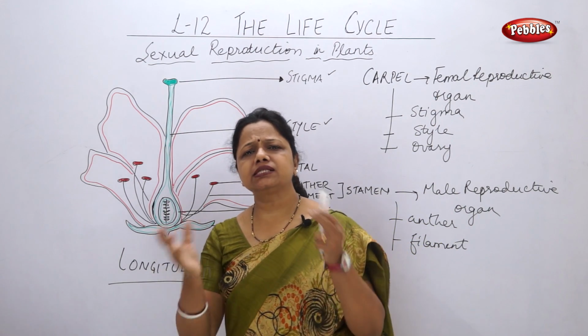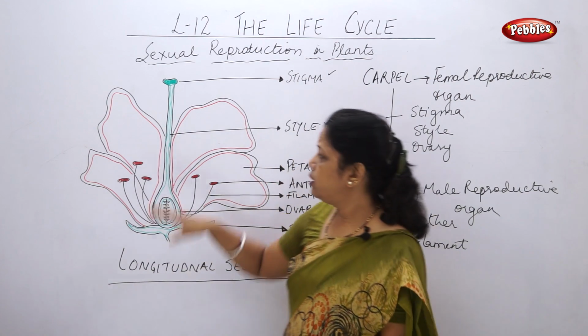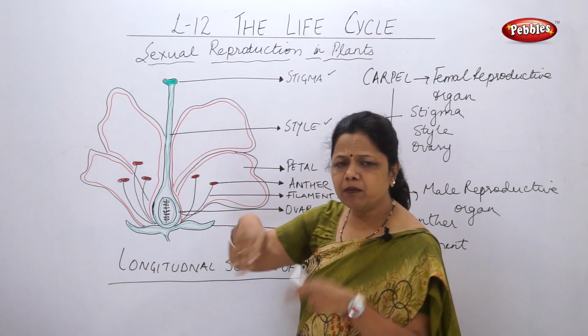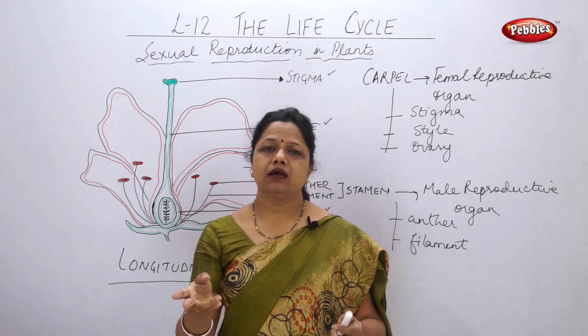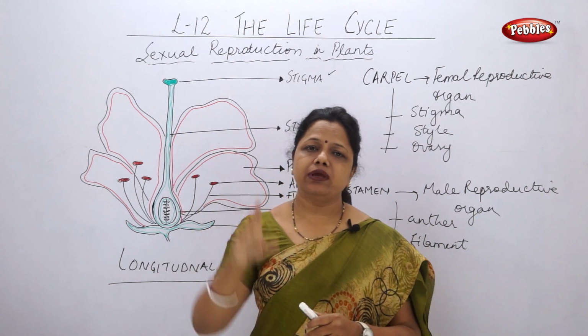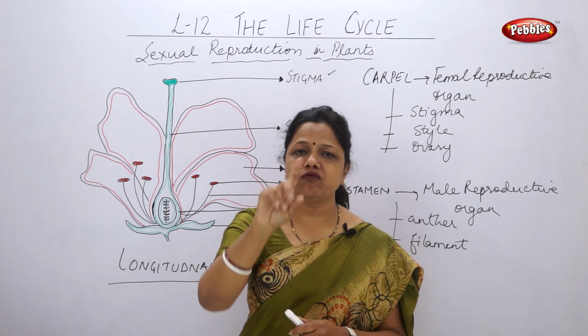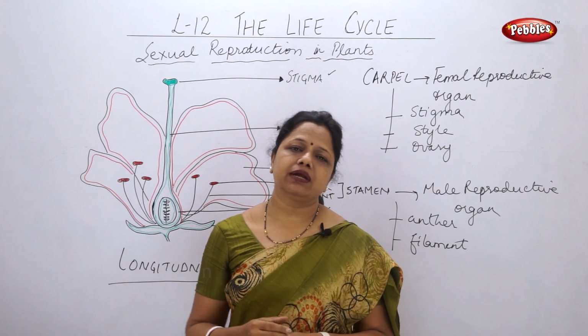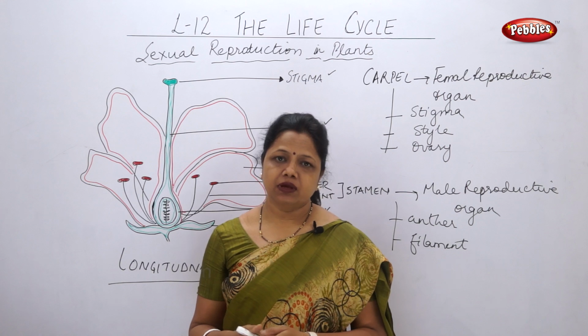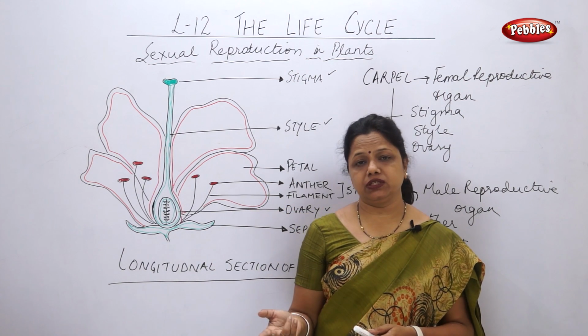Self-pollination inside the same flower, or, a number of flowers are there in one tree. So if the pollen grains of one flower fall on another flower of the same tree, then also it is called self-pollination.